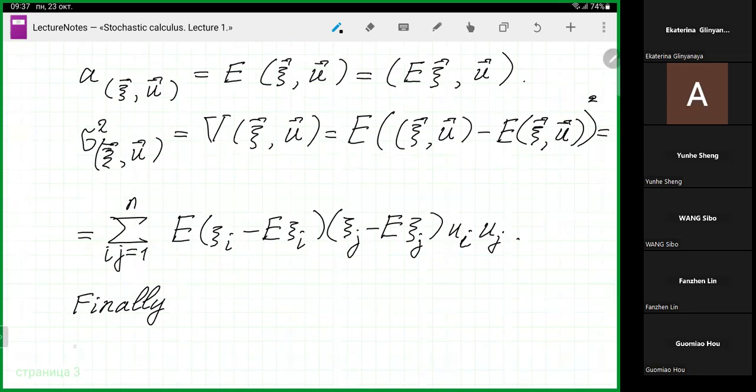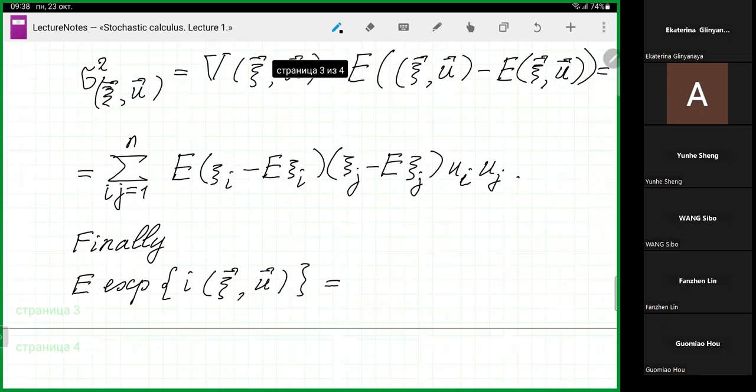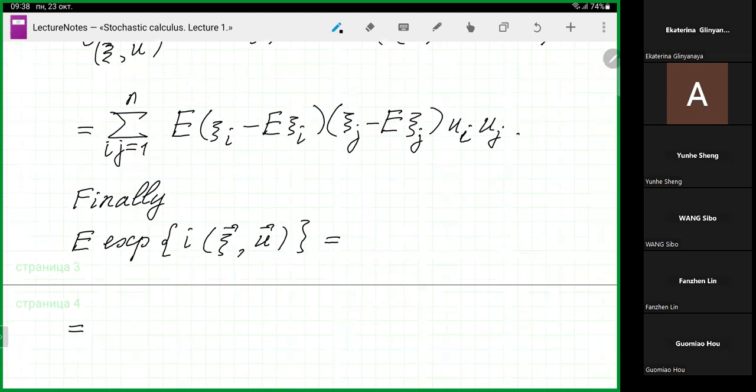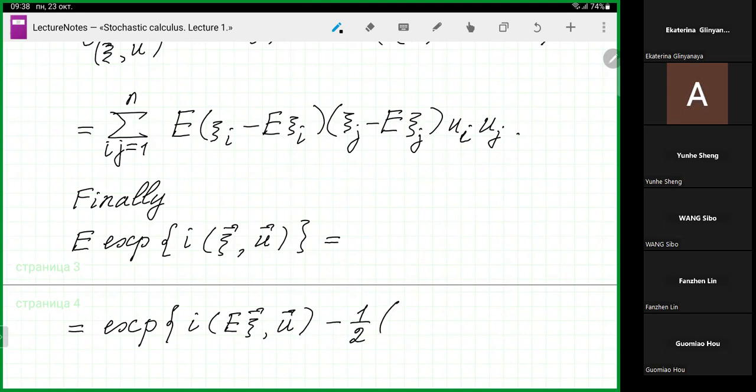We have that the expectation of the exponent of e psi u is equal to the exponent of e times the expectation of psi multiplied by u, minus 1/2 times the quadratic form generated by the covariance of psi, u, and u.